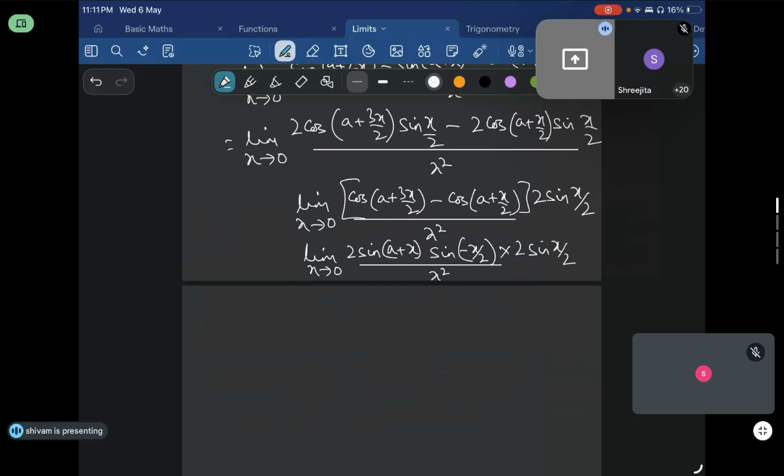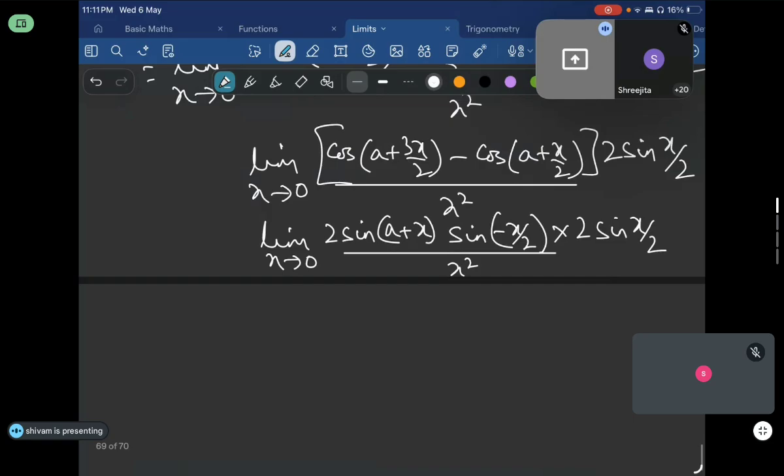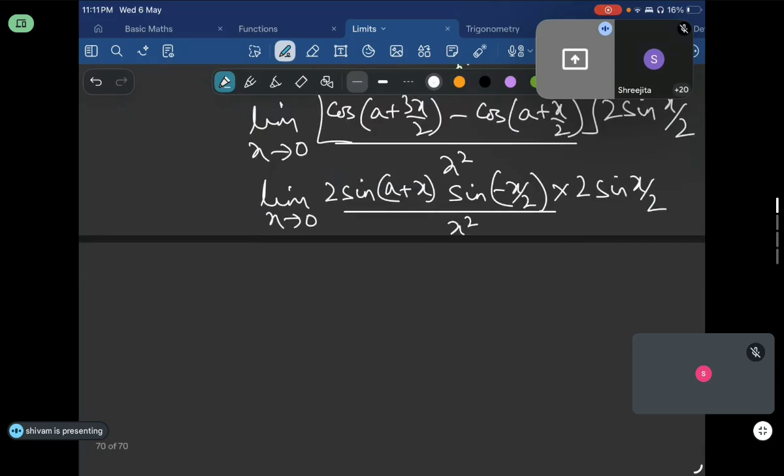Okay, so see, in the denominator you have got x square. We have to divide it by 4 and multiply it by 4.